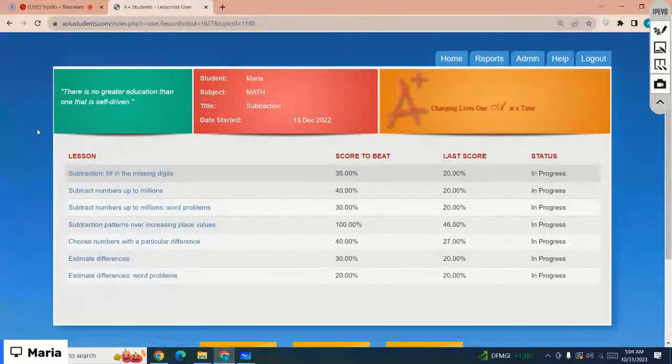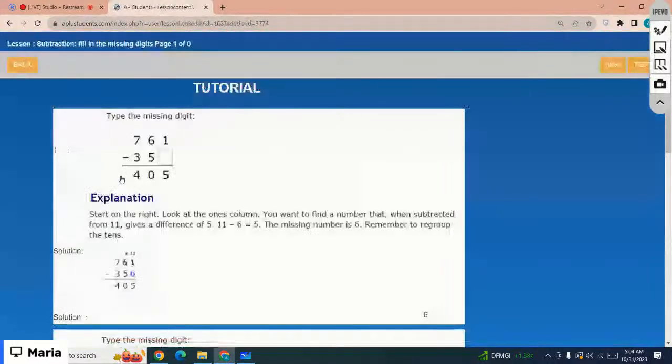Let's just start with the chapter lesson subtraction, fill in the missing digits. Okay, type the missing digit. So you can see one of the digits is missing, right? You have to find the missing digit. How do you find it? You have 1, the missing number, and 5, right? That means it must be 11, because you cannot subtract any number from 1.